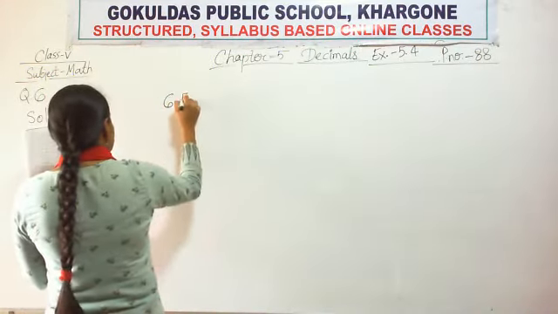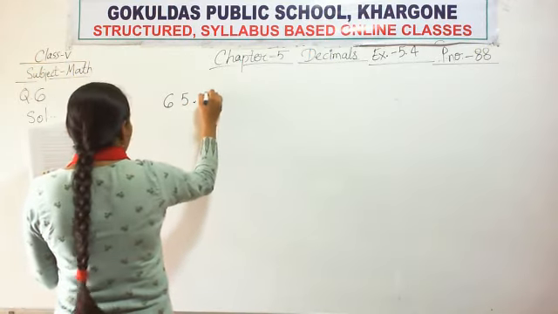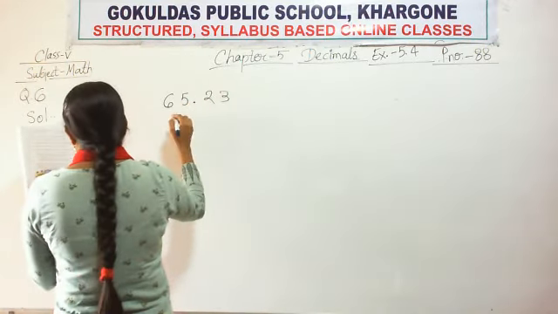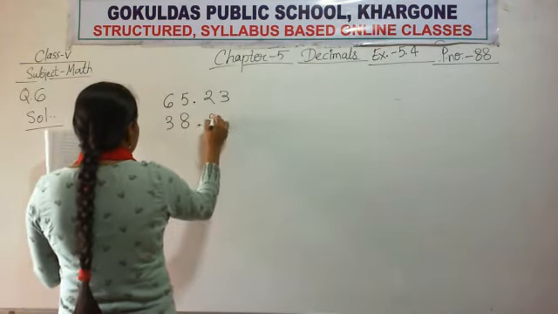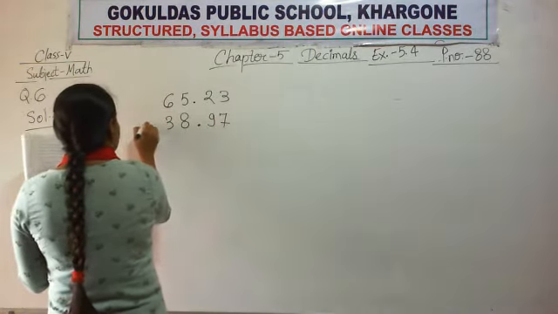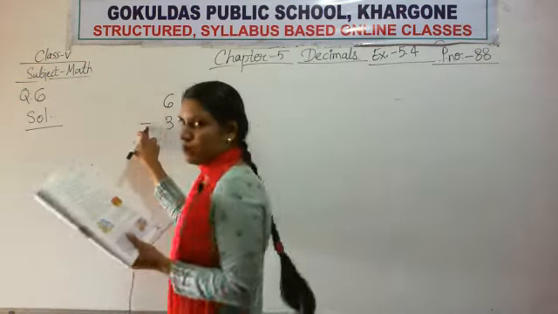So let me arrange them column wise. 65.23 and the next number is 38.97. We are finding the difference, so put the minus symbol.